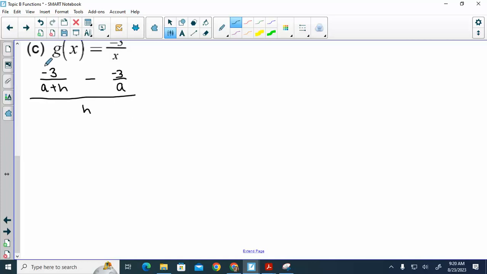Okay, this one's kind of nasty. If I need to add or subtract fractions, what do they have to have? Common denominator. The first one has a plus h. It needs a plain a to look like the other one. So I have to essentially multiply by a on top of that. Second one has the a, it needs an a plus h.